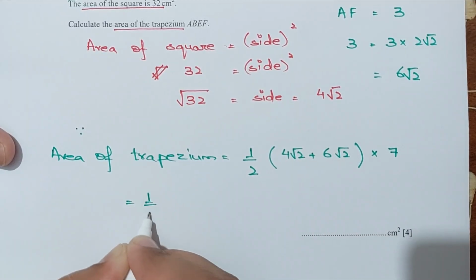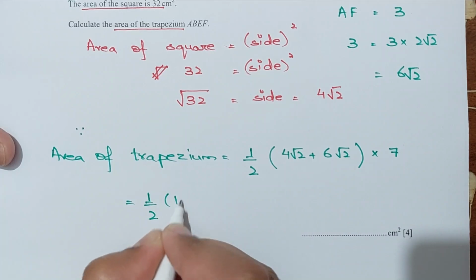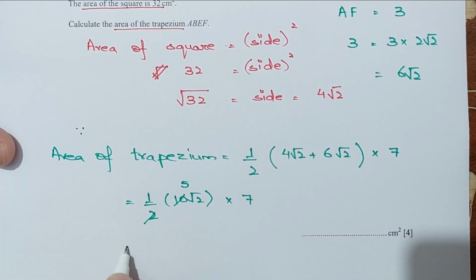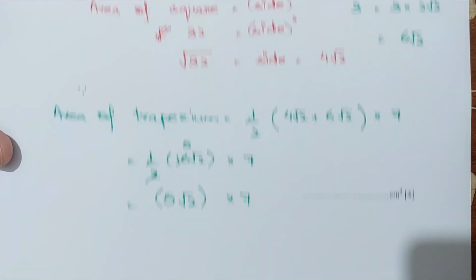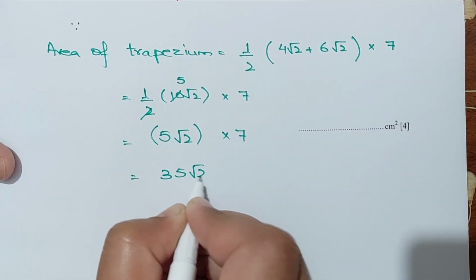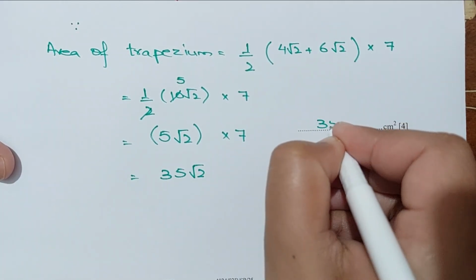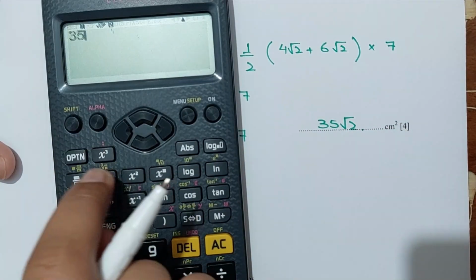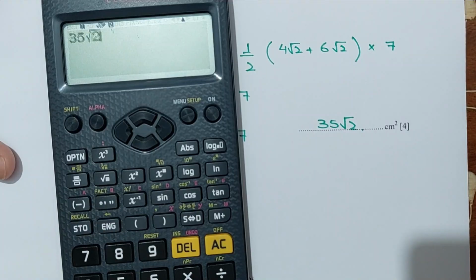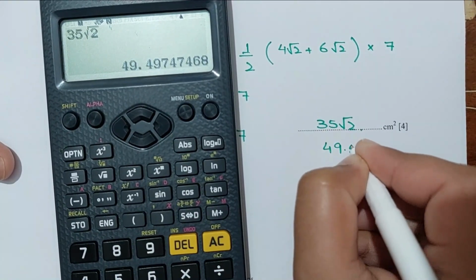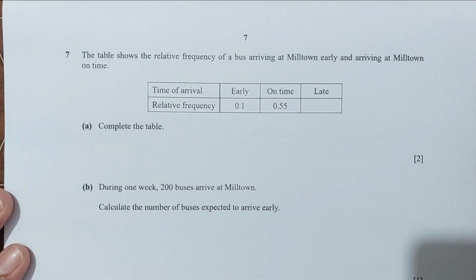So this is half times 10 root 2 times 7. 2 times 5 is 10, so 5 root 2 times 7. 5 times 7 is 35 root 2. So the answer is 35 root 2 centimeter square.